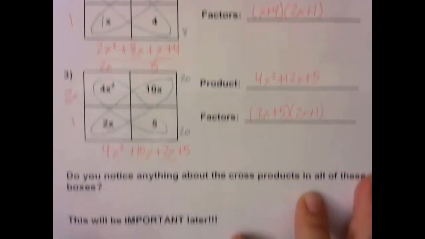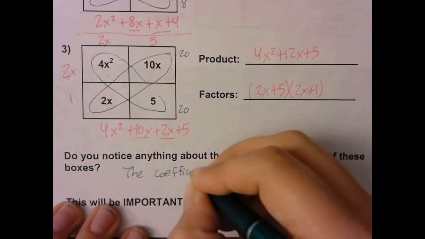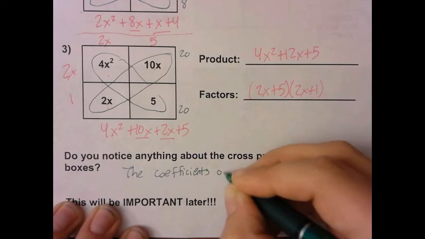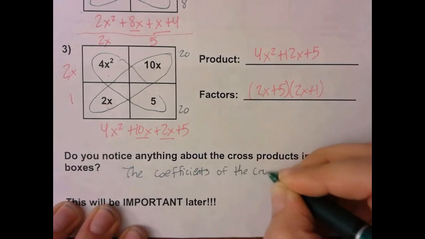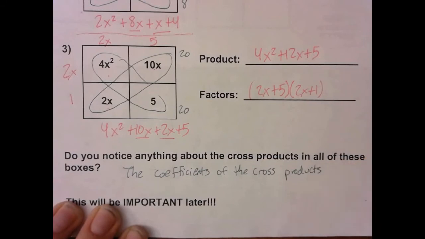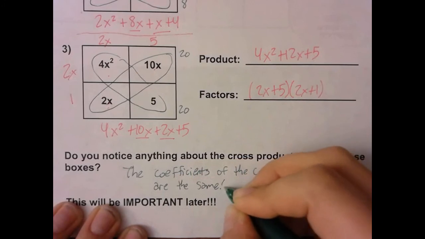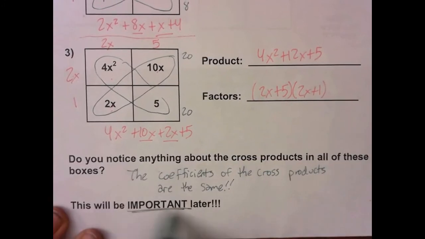So what we need to notice is that the coefficients of the cross products are the same. And this is going to be super important later, like really, really important tomorrow. So please notice that. Let's look at the back.